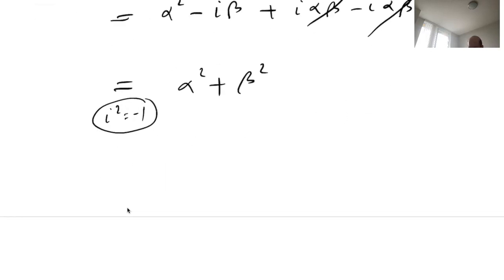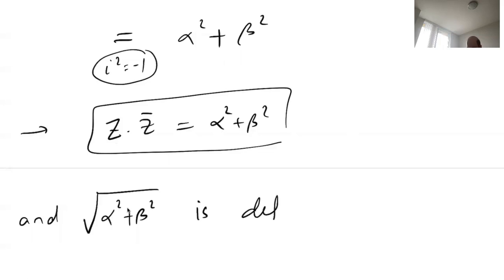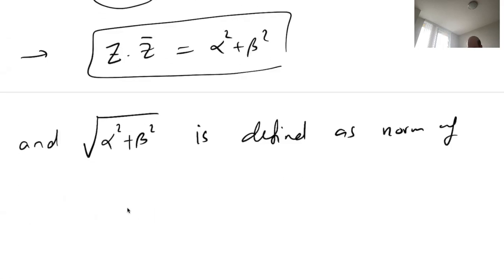So far we showed that z times z bar is equal to alpha squared plus beta squared, and root of alpha squared plus beta squared is defined as the norm of z, denoted by norm z.